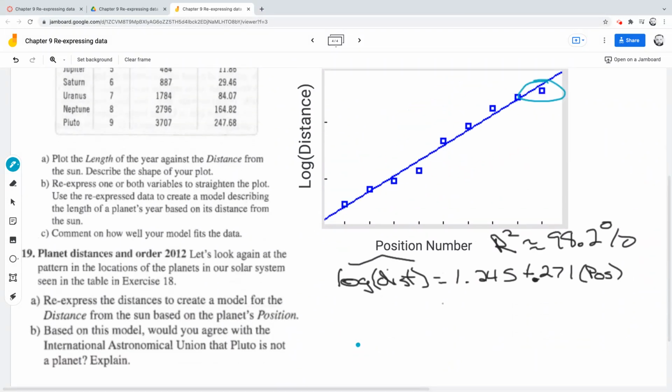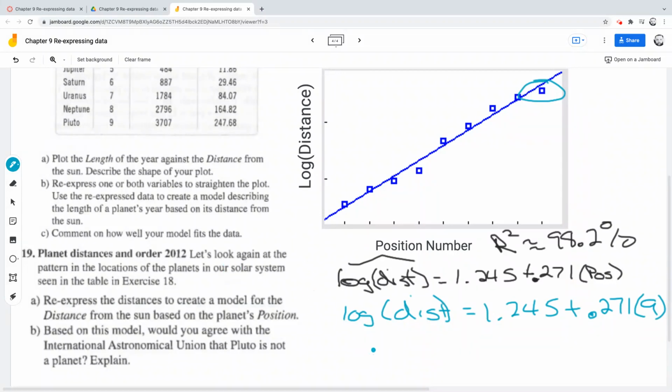So if I were to use this model, the log of the distance is equal to 1.245 plus 0.271 times the position. Pluto's supposedly the 9th planetary object.